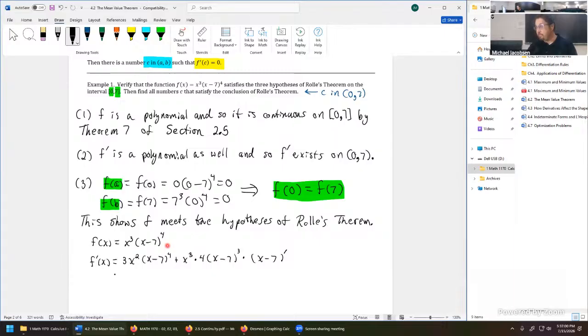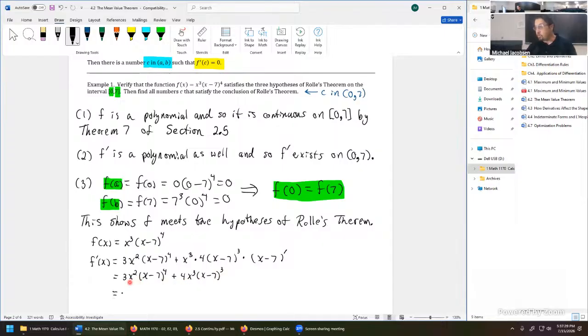So in cleaning up this derivative, it comes out as 3x squared times (x minus 7) to the power 4, plus 4x cubed times (x minus 7) to the power 3. Now we need to solve an equation, the derivative set to 0, which means we still simplify this even further. We need to factor it down as much as possible, which boils down to this problem: take out the greatest common factor.